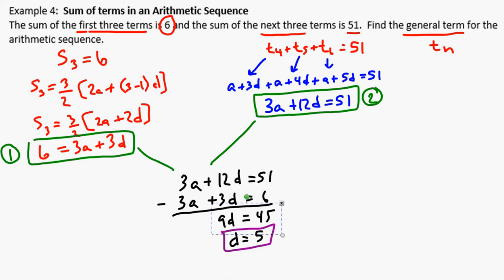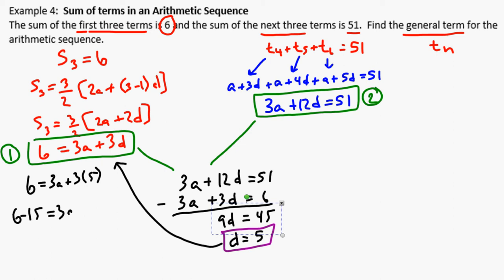I can plug it into equation 1 or equation 2. Equation 1 looks a bit easier to deal with, so I'm going to take this guy and put him into here. So I get 6 is equal to 3a plus 3 times 5. 3 times 5 is 15. Bring the 15 over, I get 6 minus 15 is equal to 3a. This is going to give me negative 9 is equal to 3a, so a is equal to negative 3.